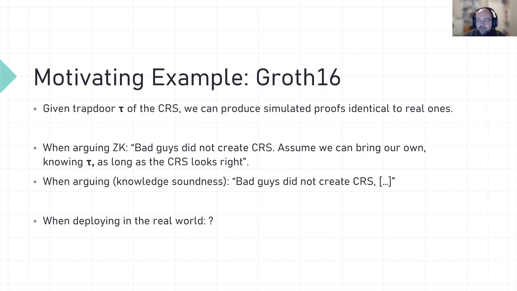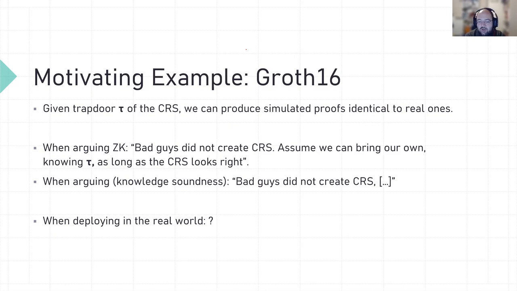So what happens in the real world? And this is the more relevant question. So clearly, the one thing that we absolutely need to ensure in the real world is that the bad guys have not created the CRS and that they have no access to the trapdoor, right?